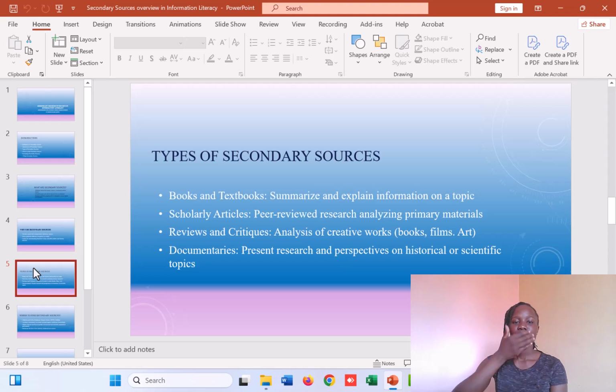So now, what are the different types of secondary sources? Books and textbooks summarize and explain information on a topic. Another type is scholarly articles, which have peer-reviewed research analyzing primary materials. Another type is reviews and critics, where there is analysis of creative works, like books, films, and art.